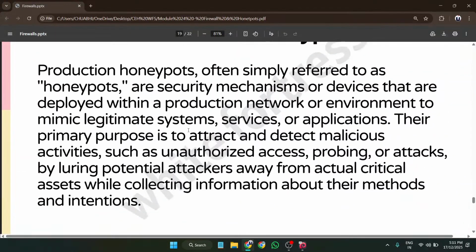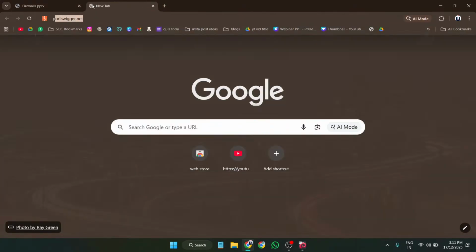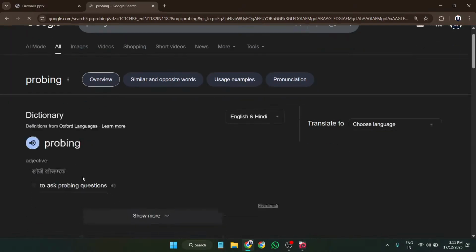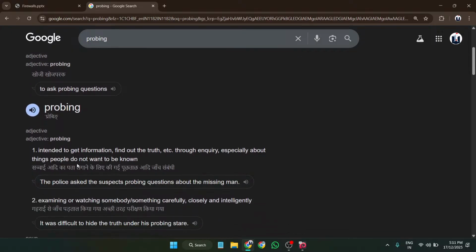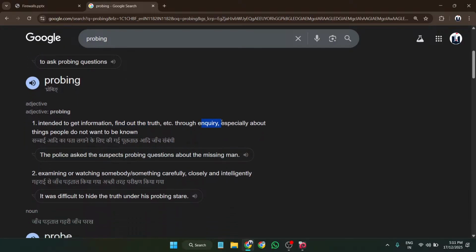So their primary purpose is to attract and detect malicious activity such as unauthorized access to our real systems, to our internal network, probing. So what is probing? Probing is basically intended to get information, like inquiring the systems.